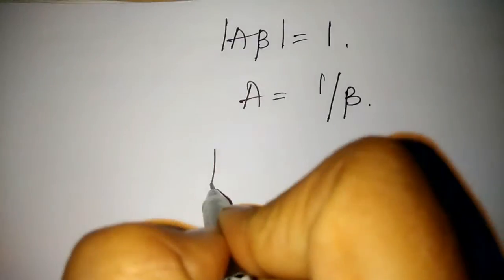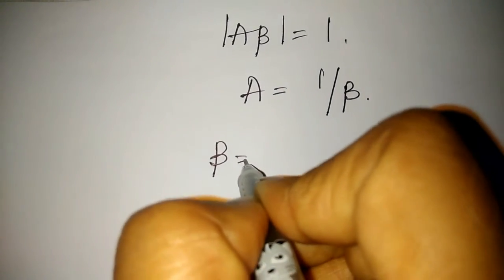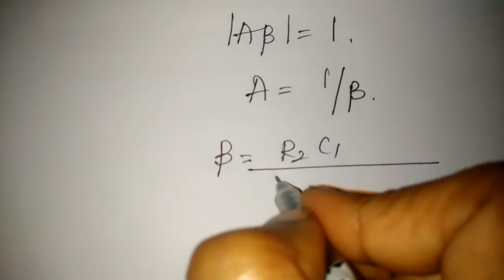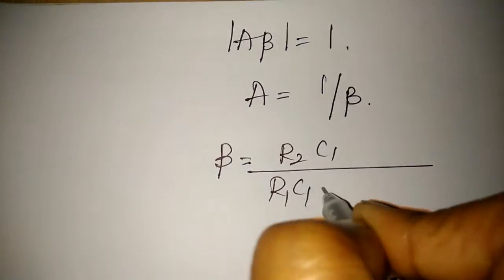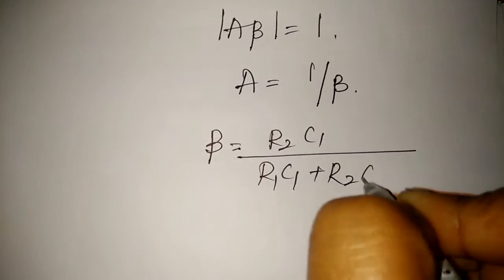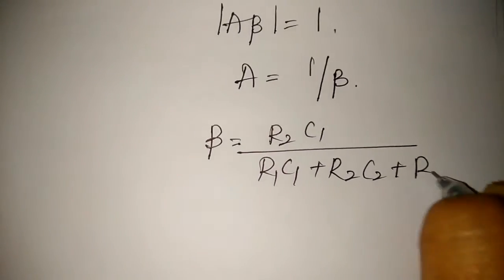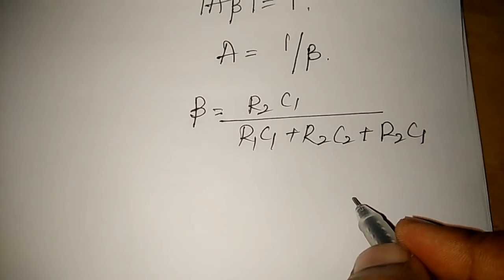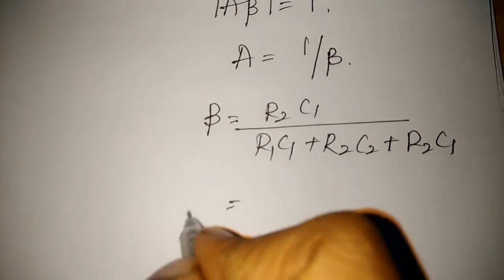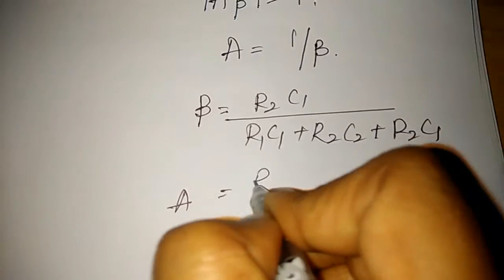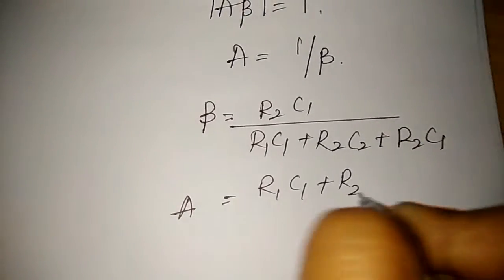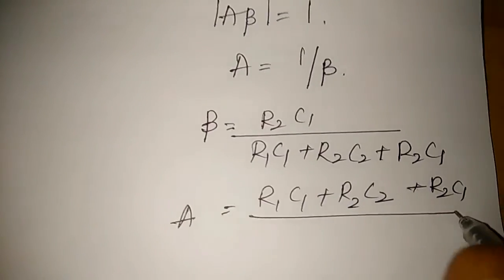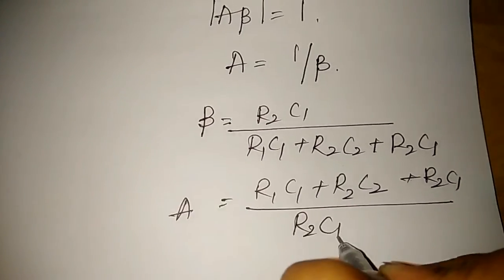So what is beta? Beta is equal to R2C1 divided by R1C1 plus R2C2 plus R2C1, is it not? So substituting this, we'll get A is equal to R1C1 plus R2C2 plus R2C1 divided by R2C1, correct?